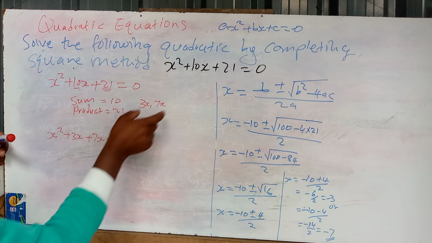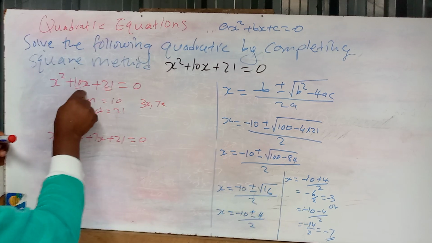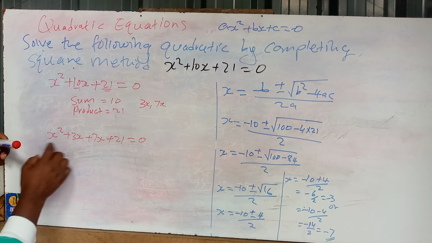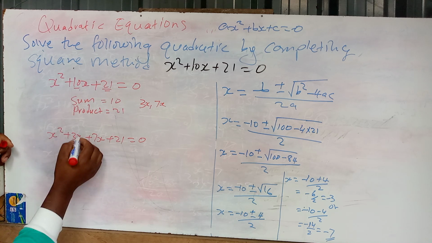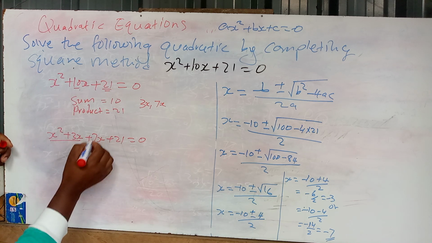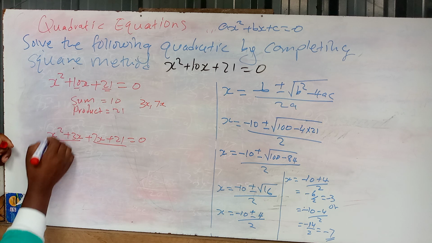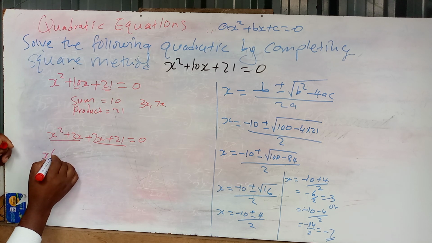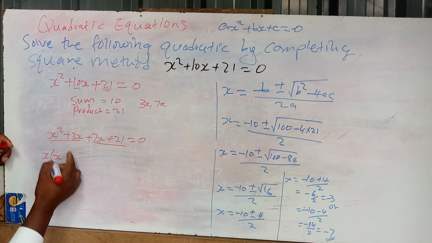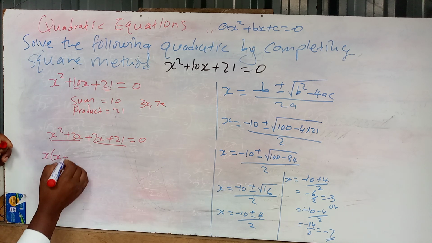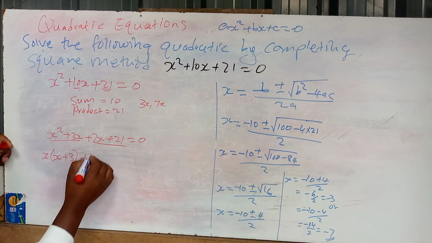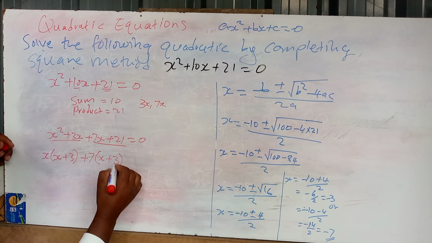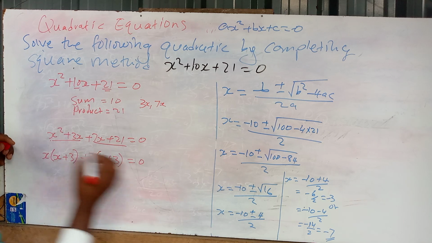Now, having this, we can now factor. Take these two and factorize. Factorizing this one, we get x, x squared divided by x gives x, 3x divided by x gives 3. Then plus 7 into x plus 3 is equal to 0.